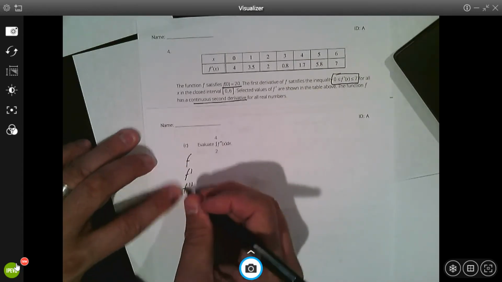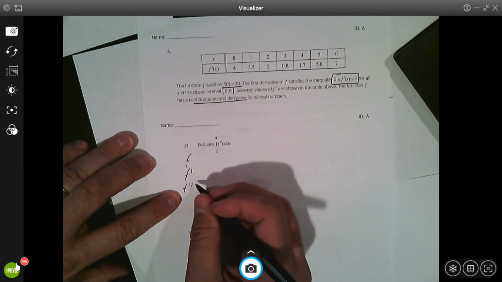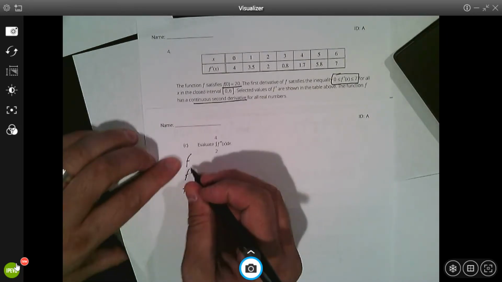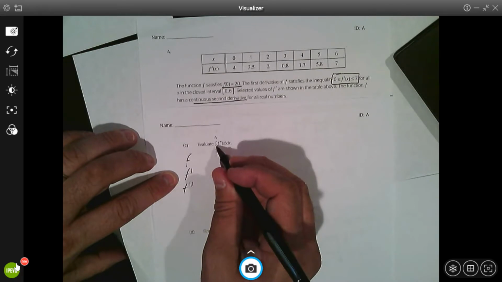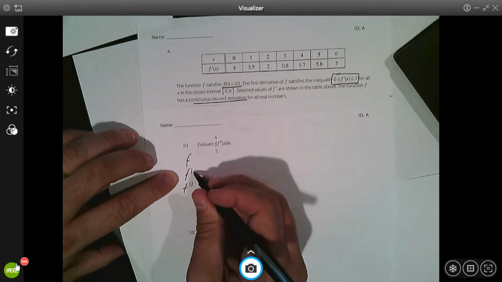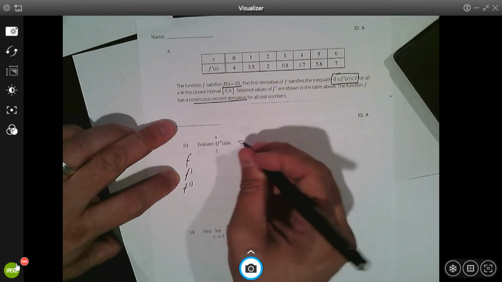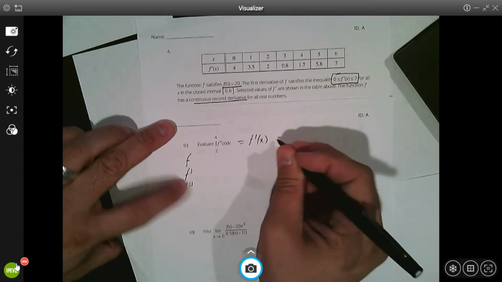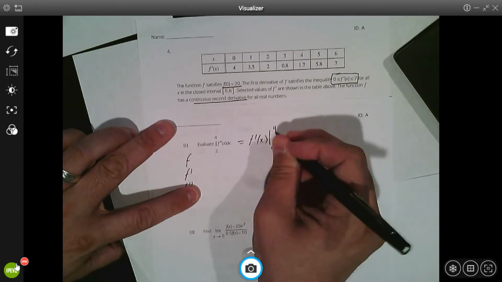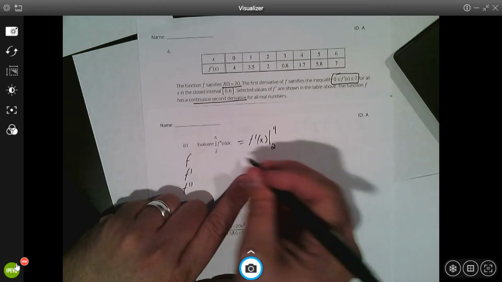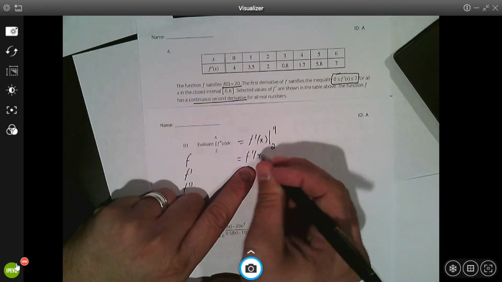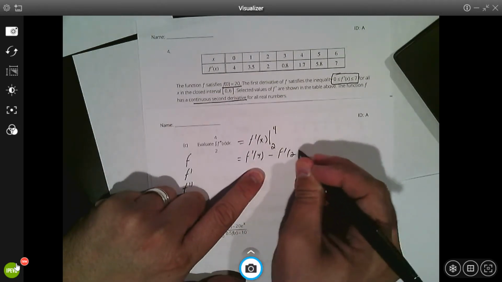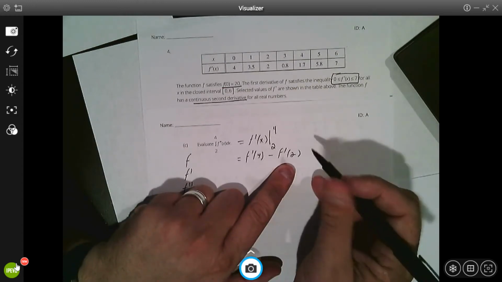I know that these are all related by derivatives, but that also means that they're related by antiderivatives. The integral of f double prime is f prime. So I've got f prime of x that I need to evaluate from 2 to 4. I'm going to do that by finding f prime of 4 minus f prime of 2.